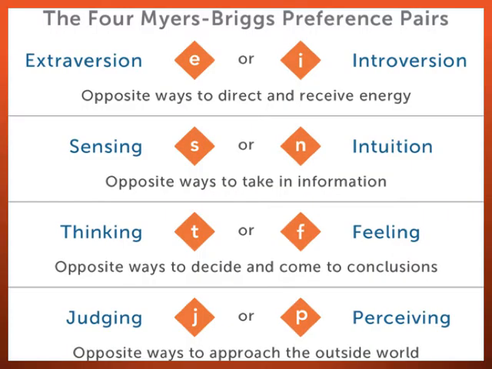So these are the 4 different preference pairs, as they call them. The first scale is E to I. I'm going to give a brief overview to start, and then we'll get deeper into each letter as we progress. The E versus the I are on 2 opposite ends of the spectrum, and they deal with how you receive energy.